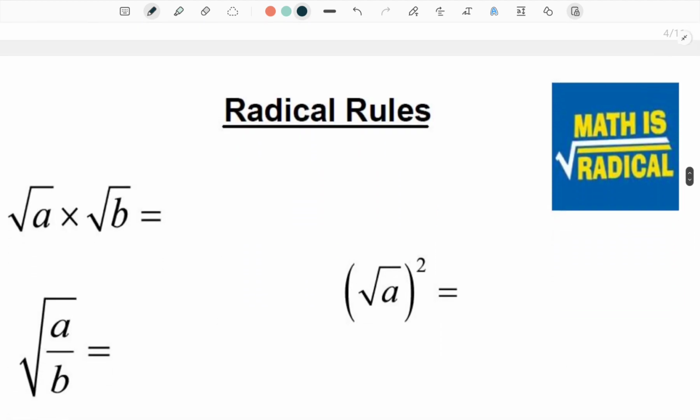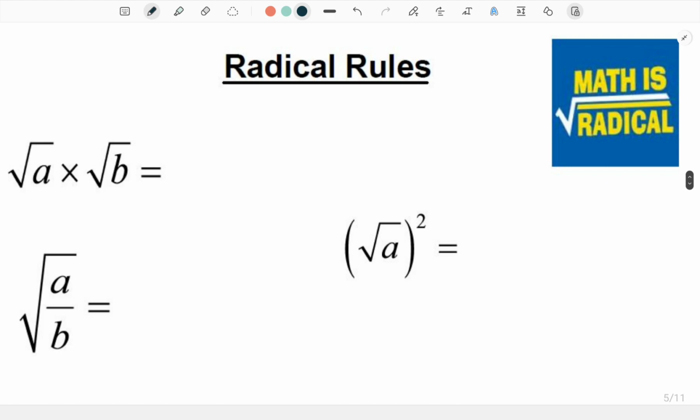Okay, so we can summarize this in some rules. The rule is if you have two radicals multiplied together, that's the same as just multiplying the two numbers as if they were under a single radical, or under a single square root. If we have a fraction, we can break that fraction apart into the fraction of two separate radicals.